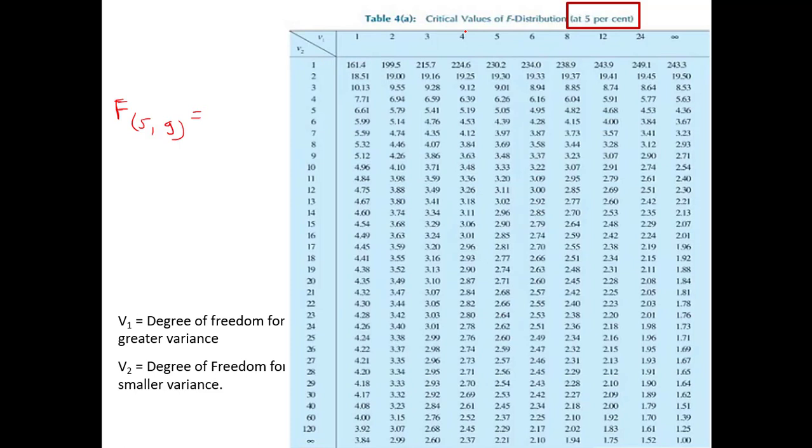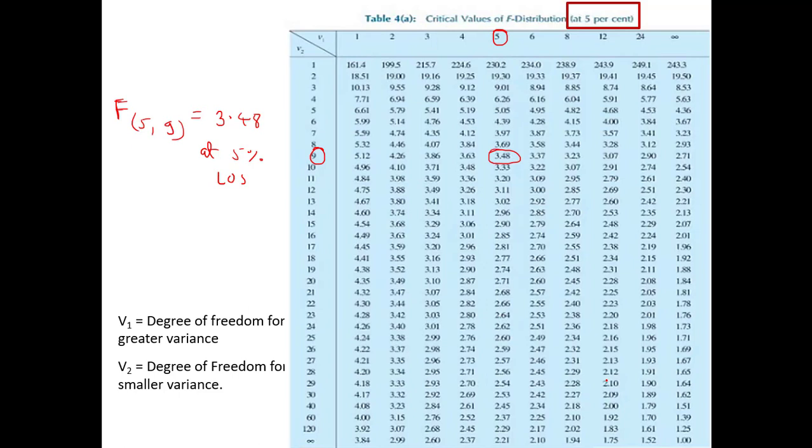So I find V1 at 5 and V2 at 9, and take the intersection. The value is 3.48 at the 5% level of significance.